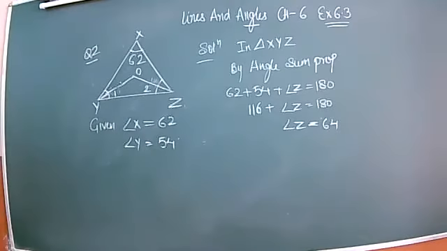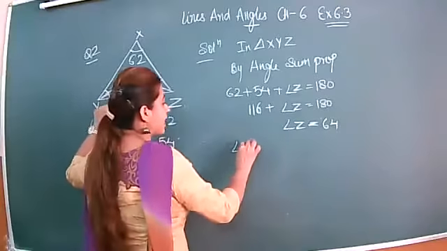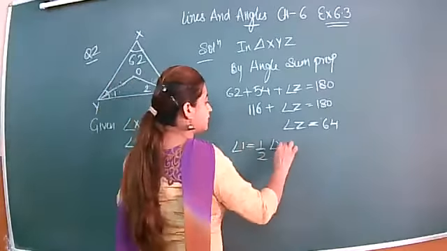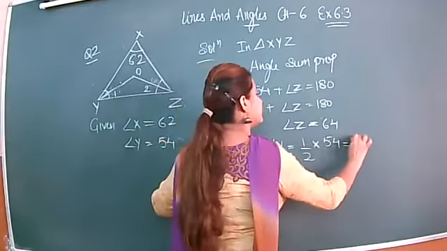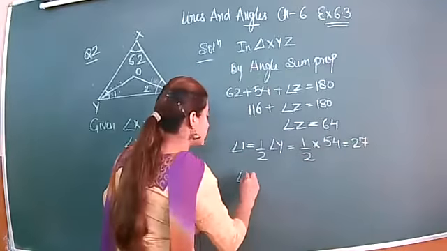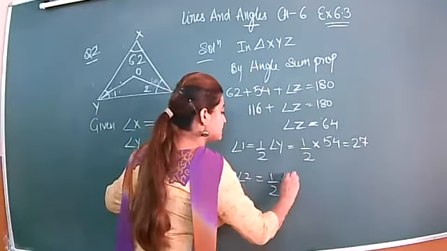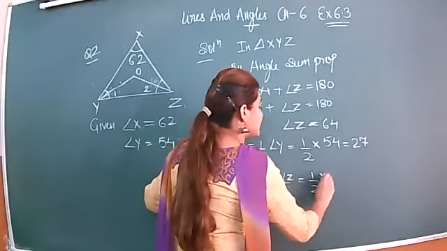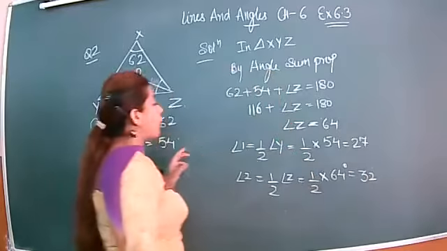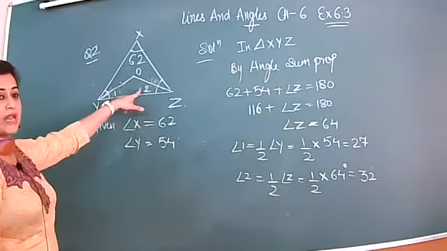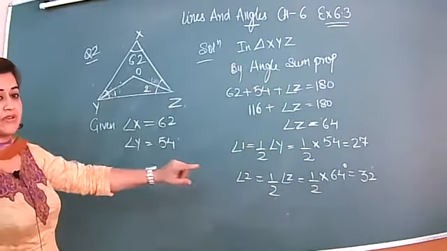Can we say this, beta? Can we write here angle 1 is equal to half of angle Y, that is 27, and angle 2 is half of angle Z. Angle Z is your 64, that is 32. So we have got angle 1 and angle 2 as 27 and 32.